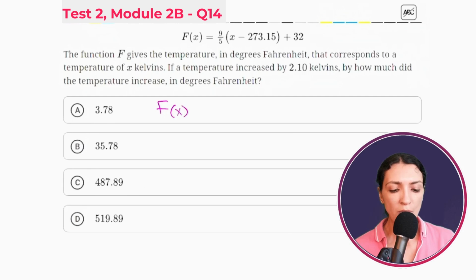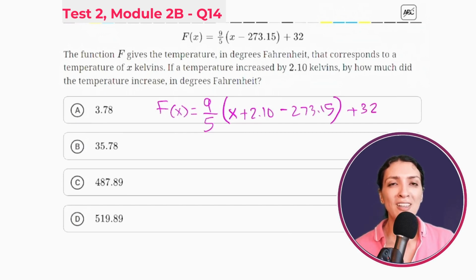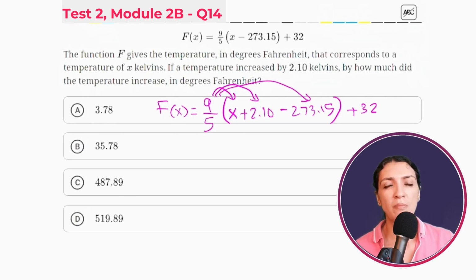If we increase x by 2.1, that means to replace x with x plus 2.1. So let's see how that would change our equation. In that case, we will get f of x equals 9/5 times (x plus 2.1 minus 273.15) plus 32. Now, let's do a little bit of algebra. We need to distribute the 9/5 onto each element of this parentheses. Now, the only difference is the plus 2.1.